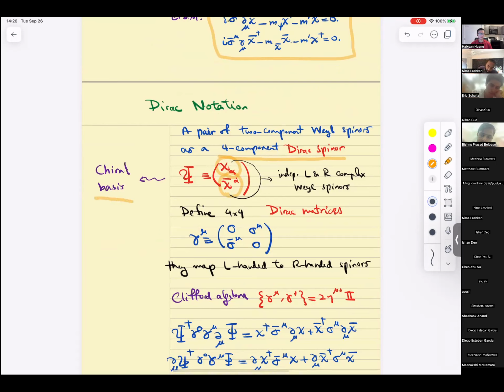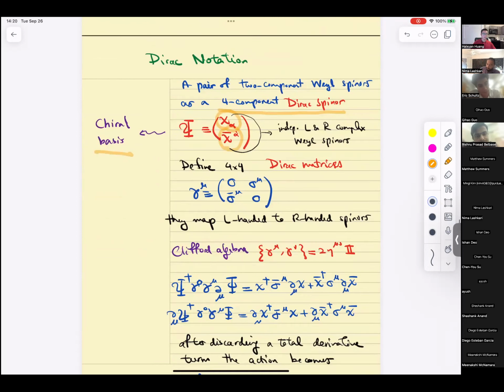This is often called a chiral basis. It's a very convenient basis, but Dirac spinors are sometimes written in other bases. I apologize, it's confusing. Remember that to build our representation theory, we started with the sigma mu's and wrote down sigma mu nu's.